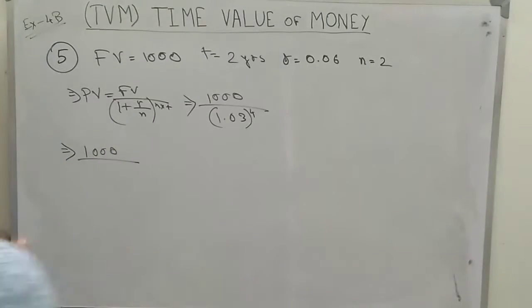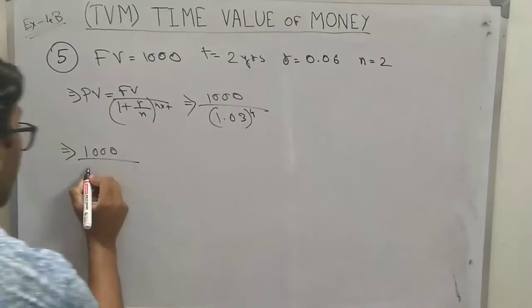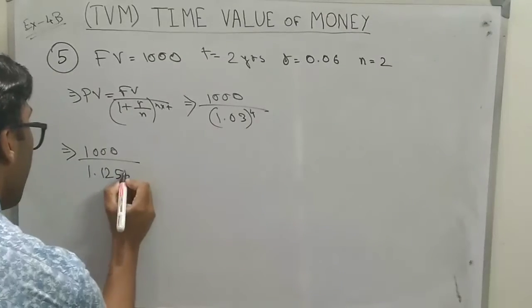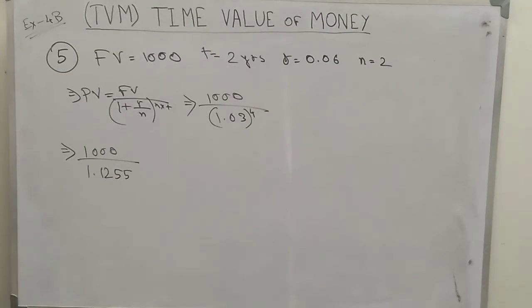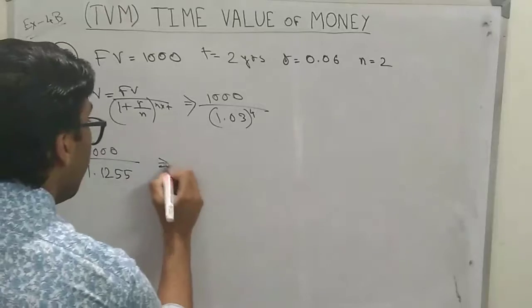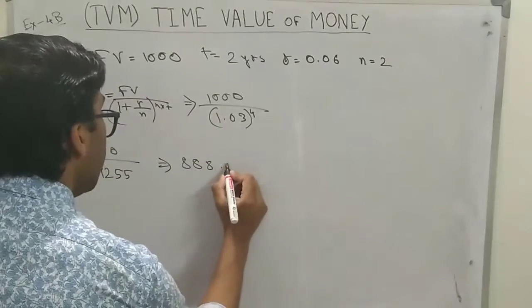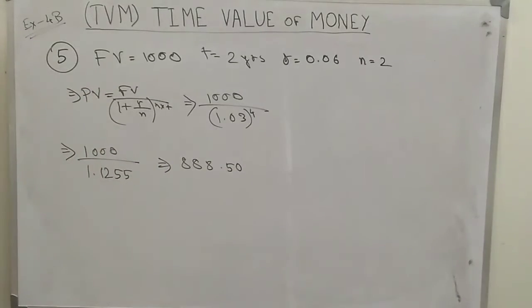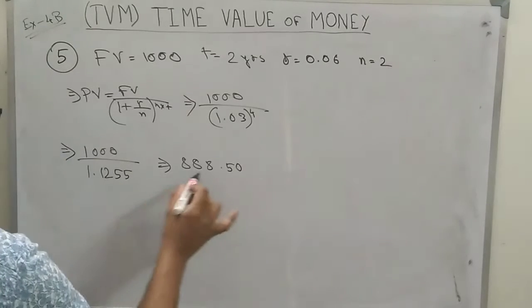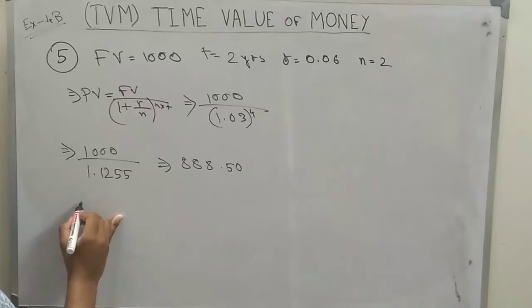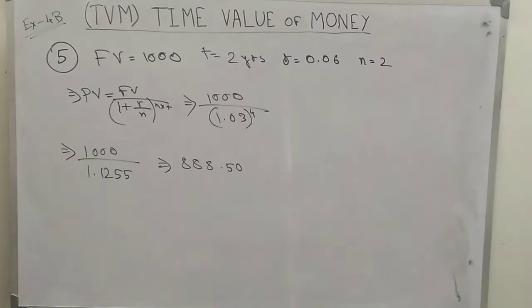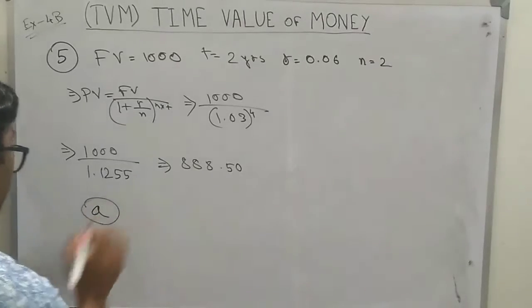That means 1000 by 1.1255. The value is 888.5. In book it is given as 888.8. We will take that option only because that is the closest option. That means the correct option is option number A.